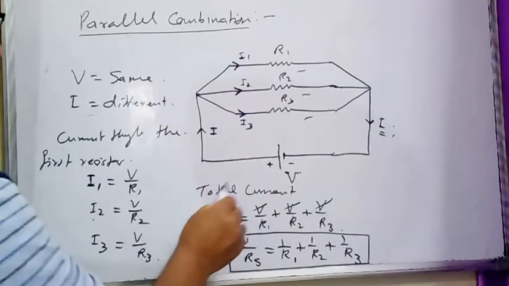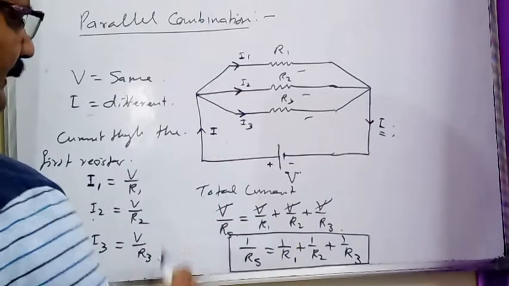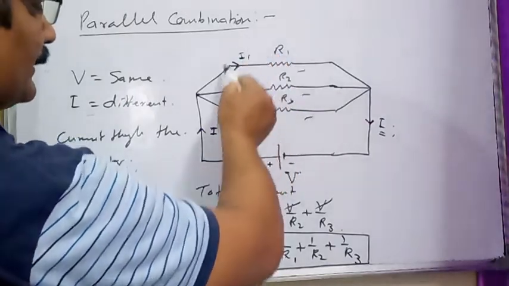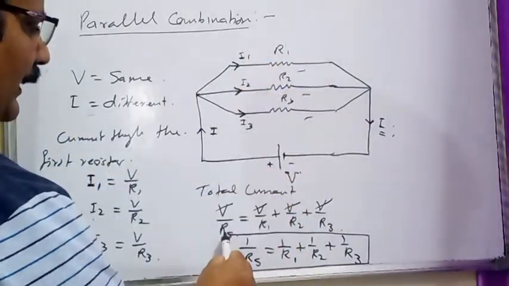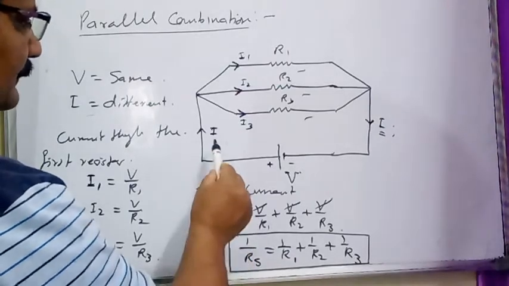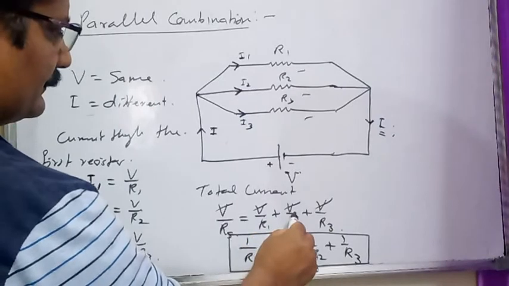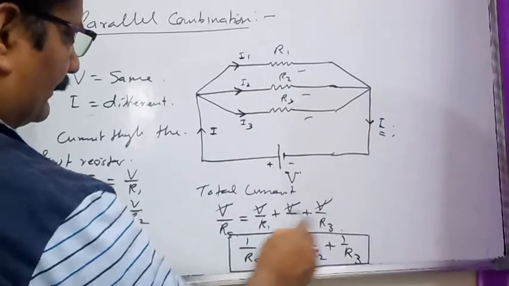Then what is the total current flowing in the circuit? If the equivalent resistance of this combination is Rp, then the potential V divided by Rp is the total current. So total current is equal to the current through the first plus second plus third.